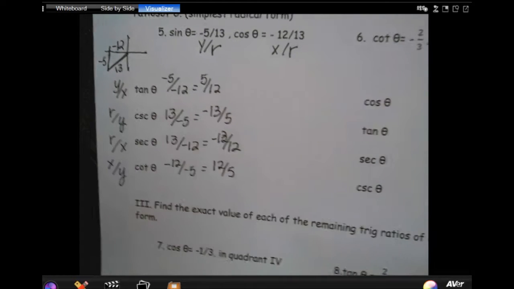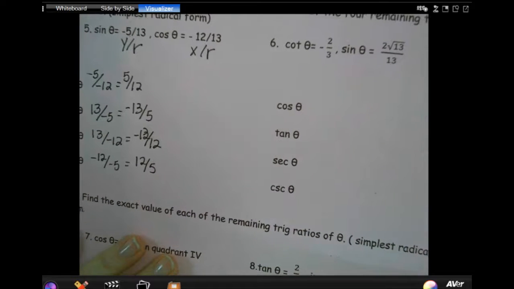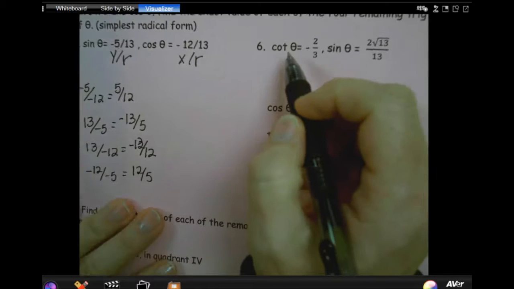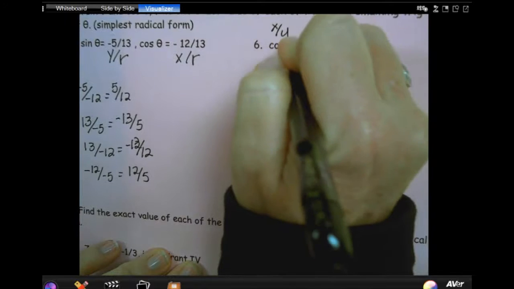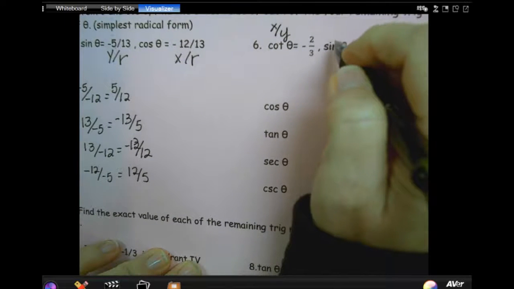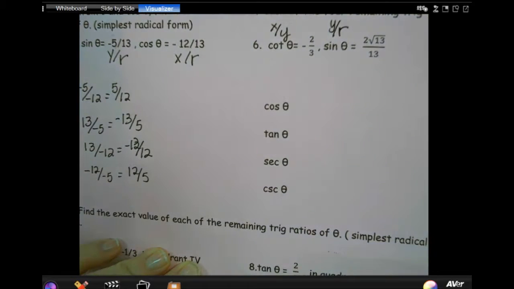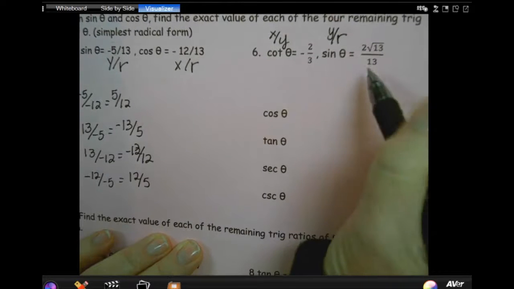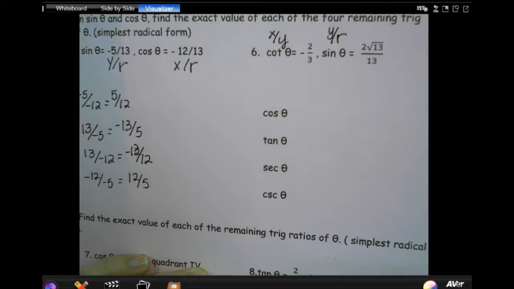Okay, starting on number 6. Okay, so first of all, cotangent is what? X over y. Very good. And my sine is going to be y over r. Now, Isaac, you were asking a little while ago. So look at, if it's 13 on the bottom, does that mean that the radius is 13?